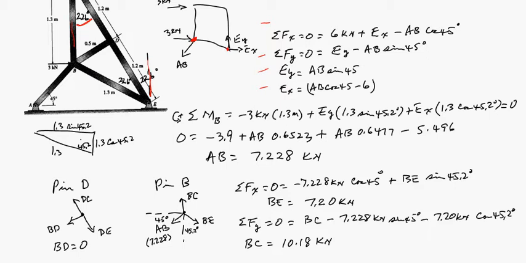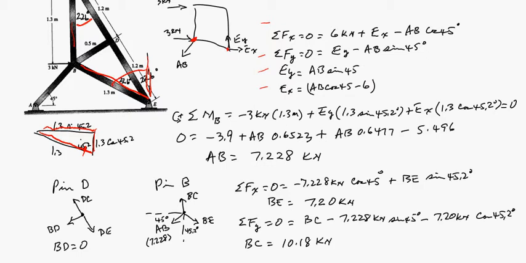So this angle right here from the vertical, this BE, from the vertical ends up being 45.2. So you need a little bit of trig to get those distances. This is 1.3, the length of BE. And then those horizontal and vertical distances are times the sine and cosine of 45.2.